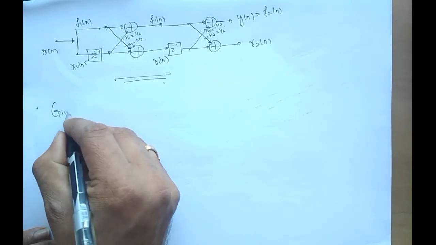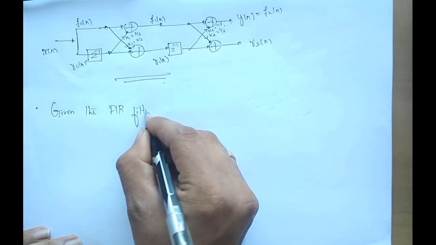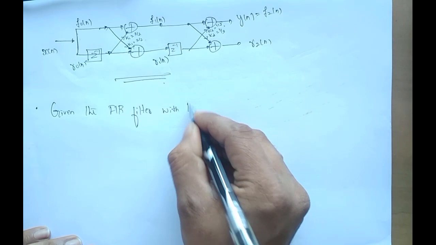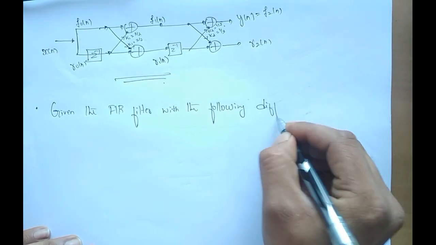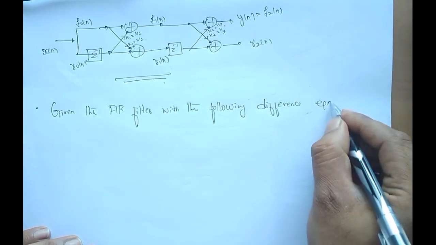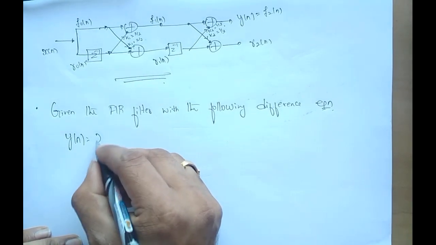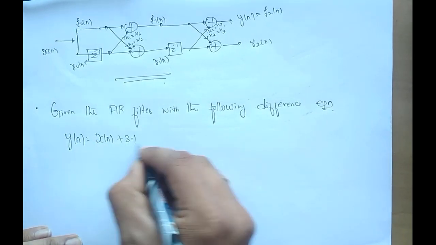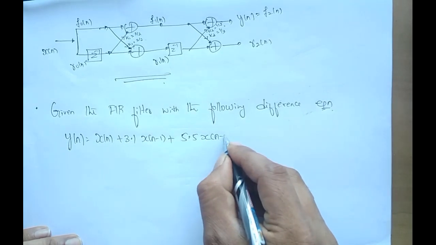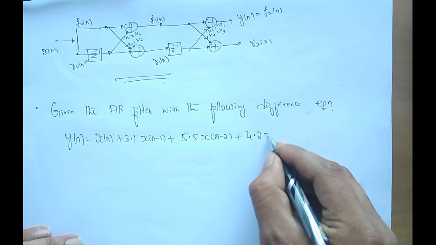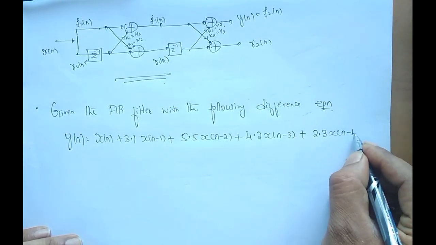So given the FIR filter with the following difference equation: y of n is equal to x of n plus 3.1 x of n minus 1 plus 5.5 x of n minus 2 plus 4.2 x of n minus 3 plus 2.3 x of n minus 4.